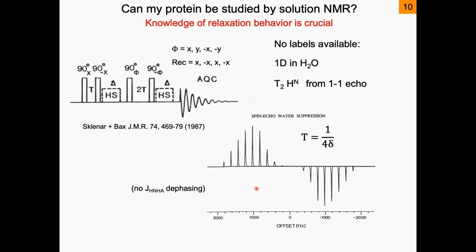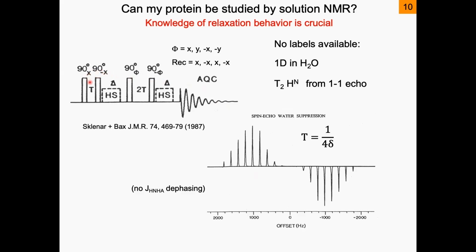This sequence was developed by Vladimir Sklenar and Ad Bax, and it's called a 1-1 echo sequence. This is a 90-degree X pulse on protons, so this is only on protons in H2O water, no labeling required.